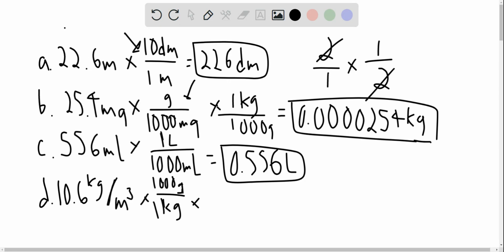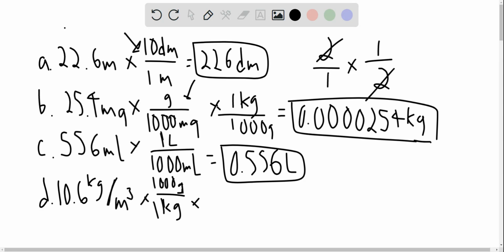Now, this bottom part here, the meters cubed to centimeters cubed, is quite confusing because it's on the bottom, so to cancel it out I'm going to have to put my units on the top. But I'm also going to have to do my meters to centimeters conversion 3 times because it's cubed.